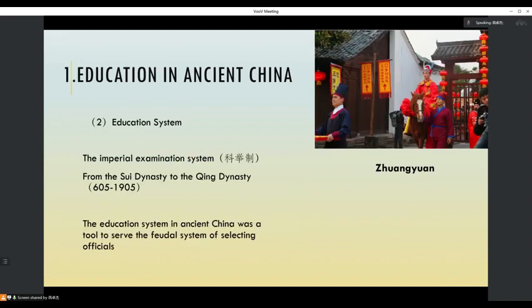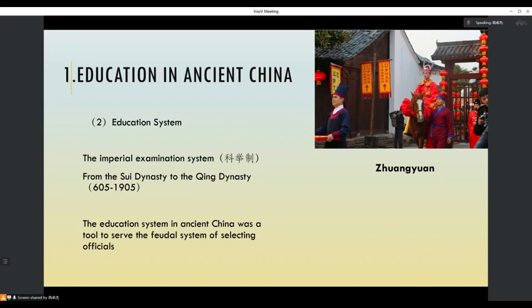The education system in ancient China. Do you hear about 科举? 科举. This is 科举制 system.